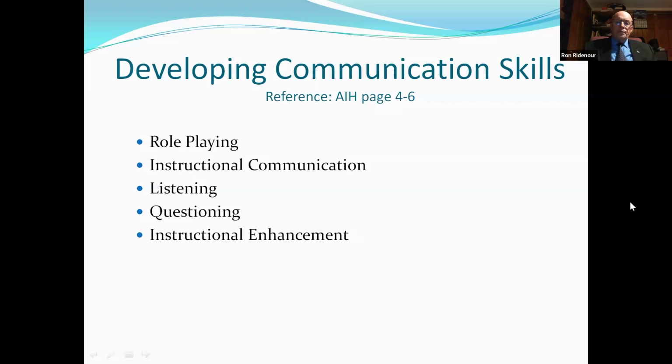So always ask questions, and that's where I was going with this. Always try to ask questions and clarify the communication if there's anything at all not understood.